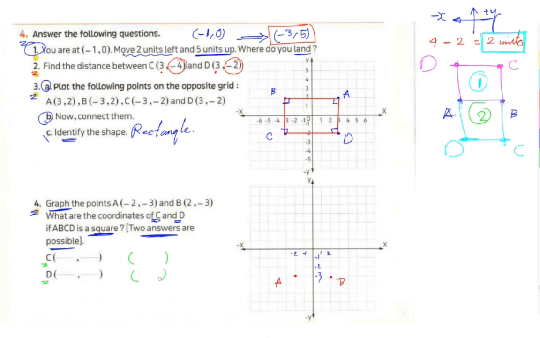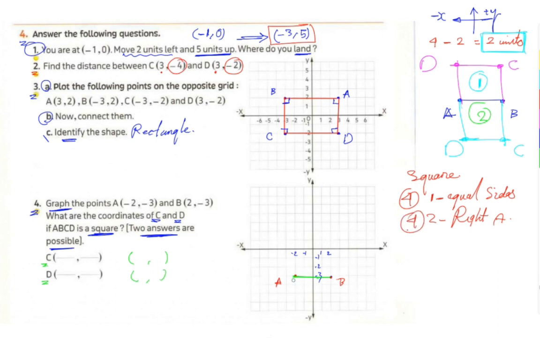Let's find the two possible sets of coordinates. For a square, we have two conditions. The first is equal sides: 4 equal sides. The second is right angles: 4 right angles.